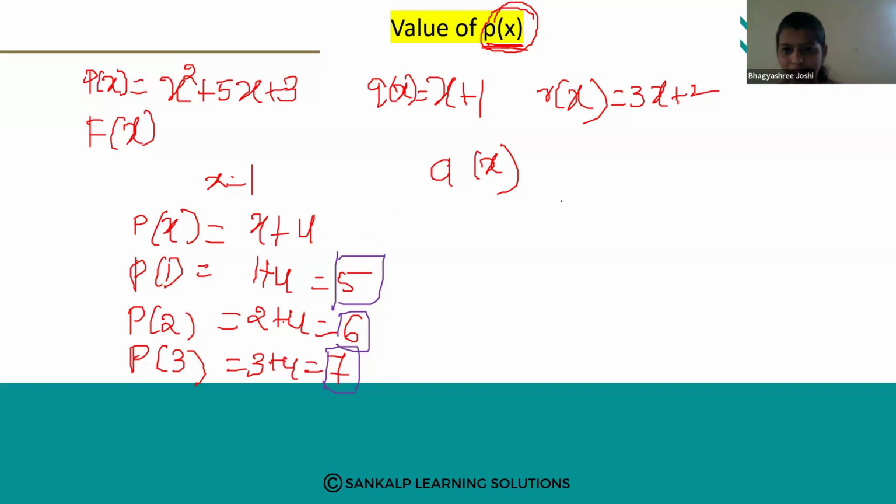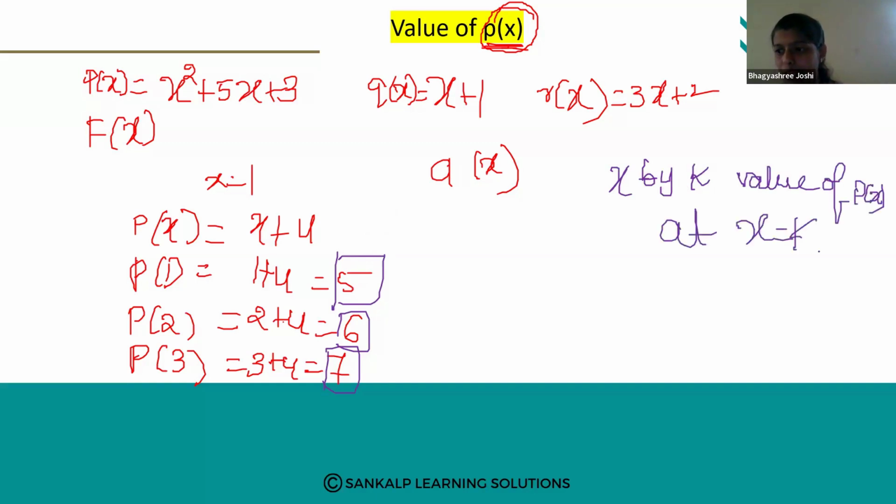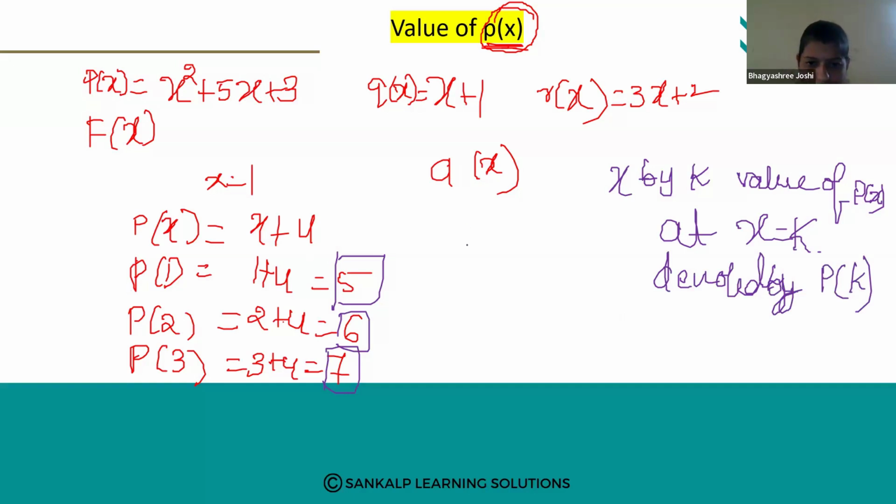Replacing x by k, then it is called as value of p of x at x is equal to k. Okay, and it is denoted by p of k. See here p of 1 is there, p of 1, p of 2, p of 3.